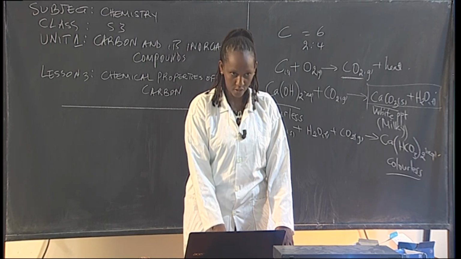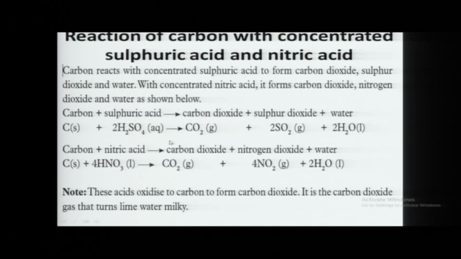Look at the equations there. Whenever we react carbon with sulfuric acid, we form carbon dioxide, sulfur dioxide, and water. But for the case of nitric acid, this is the formula for nitric acid.